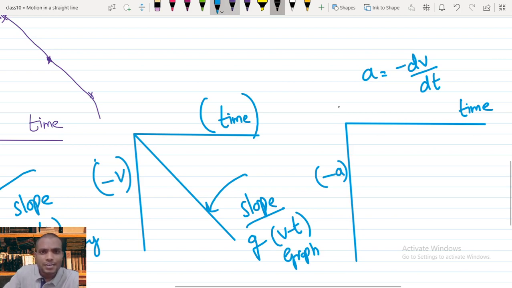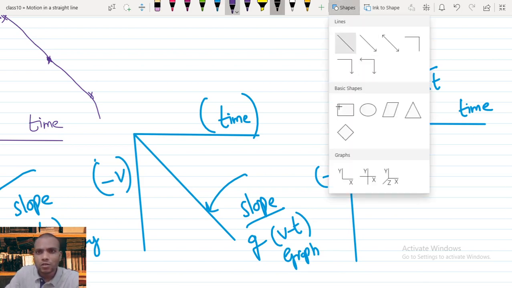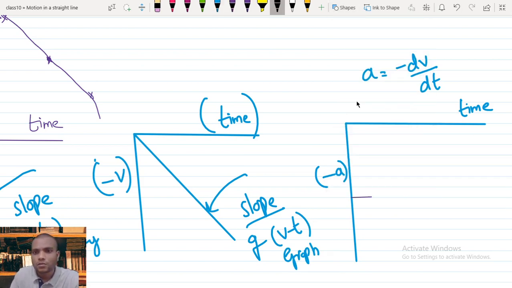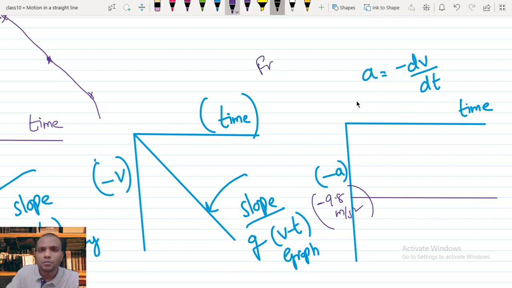Since it's a straight line, the slope is a constant, so we get a constant value. On earth this value is 9.8 meter per second square, which is negative. So this graph represents the acceleration versus time graph for a free fall object from a certain height.